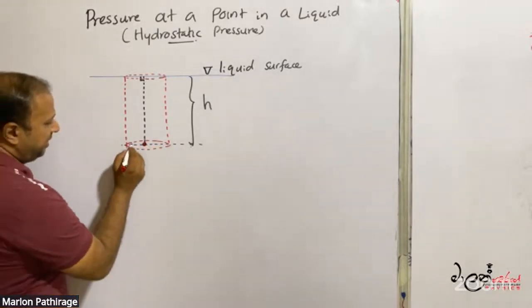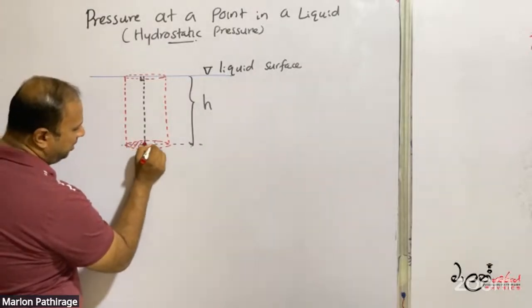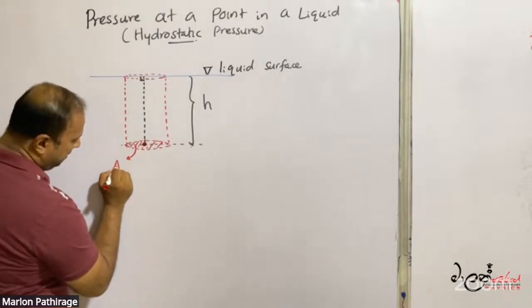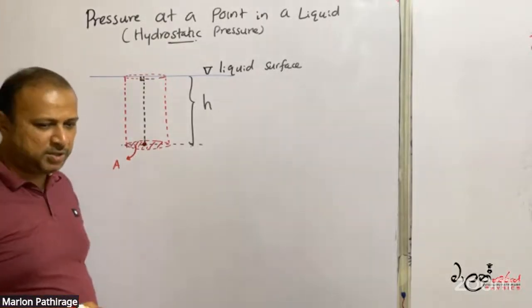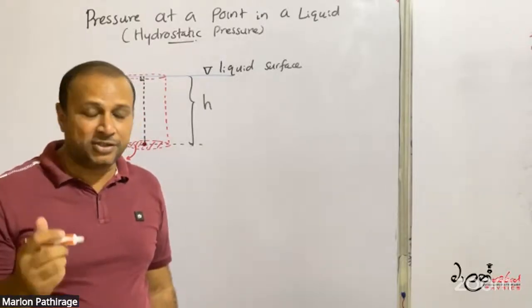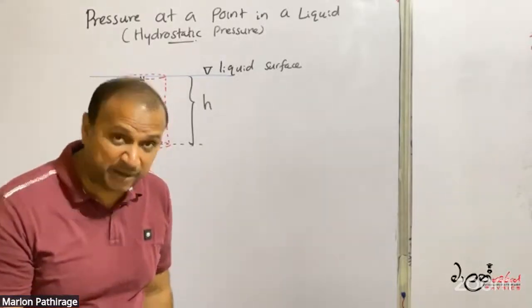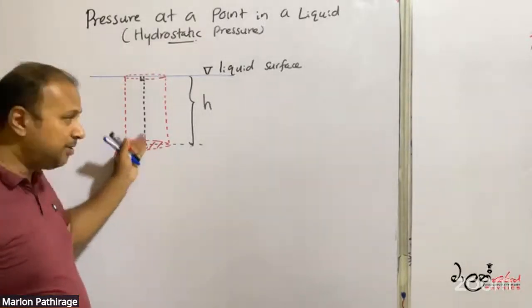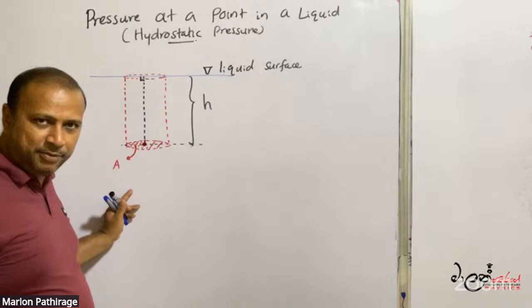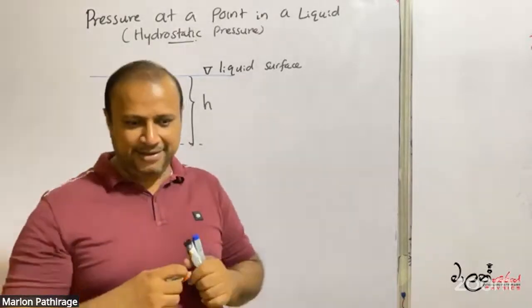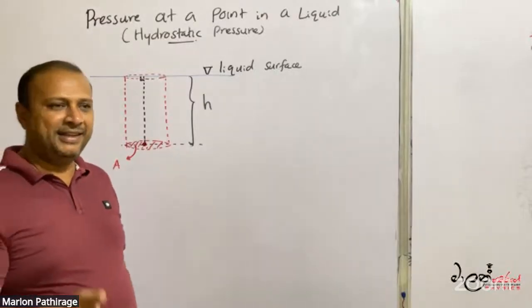Suppose this area is A. This may be any shape, because when we determine the pressure, we have to determine the force divided by area. Therefore, area may be anything.